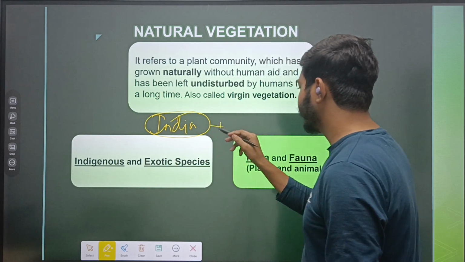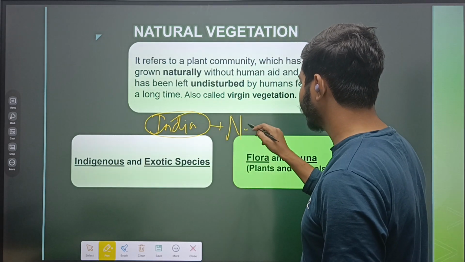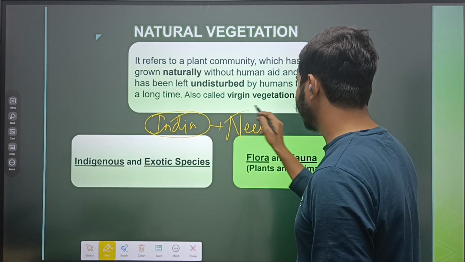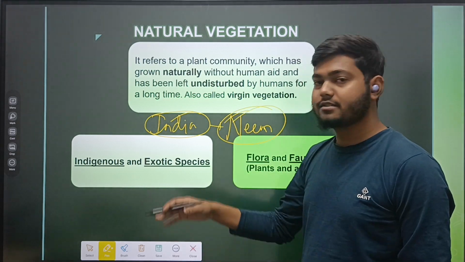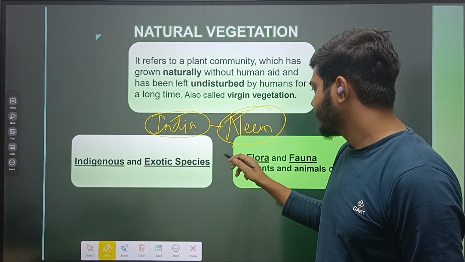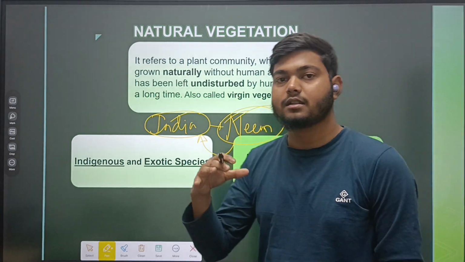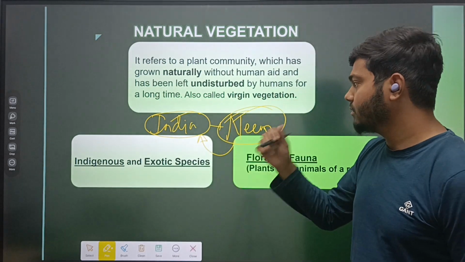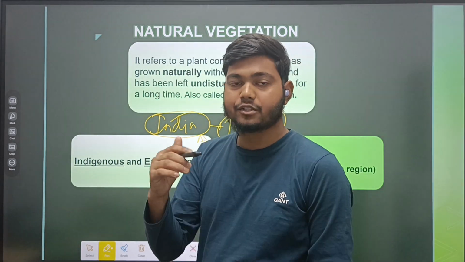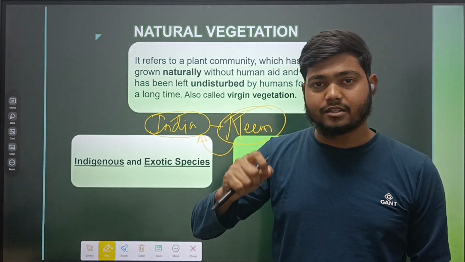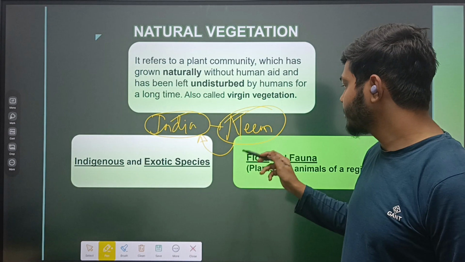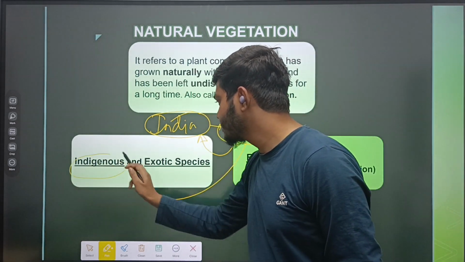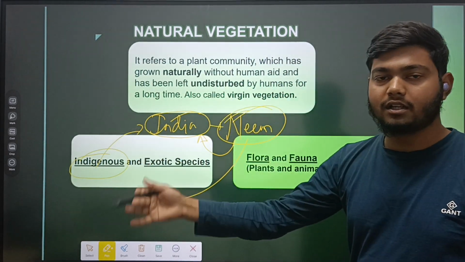There is a tree called the neem tree in India. This neem tree is indigenous to India because it is only grown in India. Those plants which grow particularly in a region or a country will be called indigenous plants of that country or region.